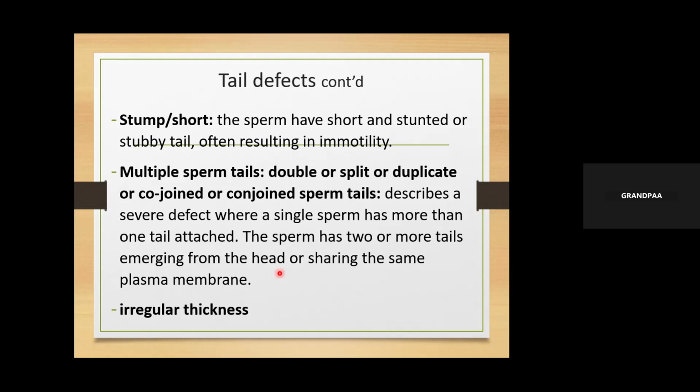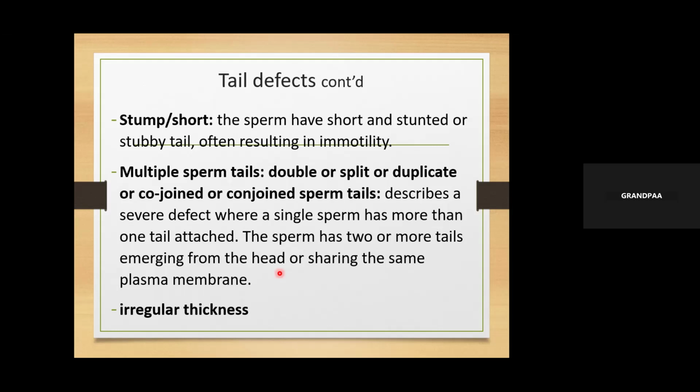So here you are going to have the plasma membrane also dividing, and giving you two separate flagella or tails. And that will also give you a challenge in the movement, because as we go into semen analysis, we realize that the movement should also be forward and progressive.